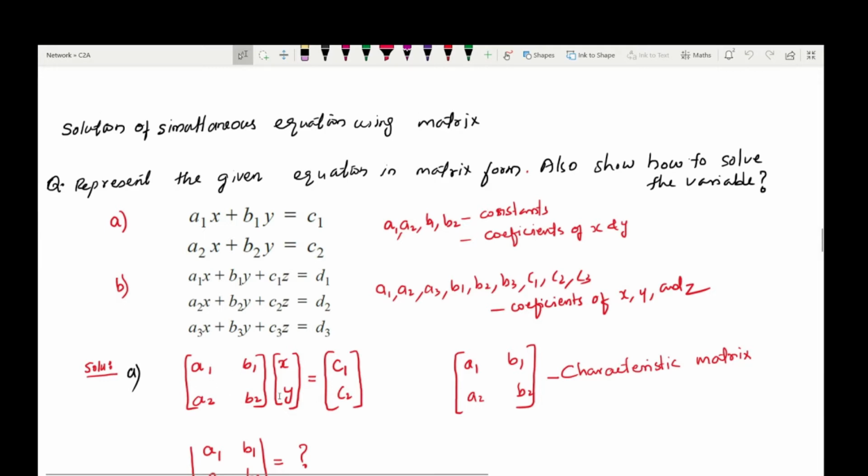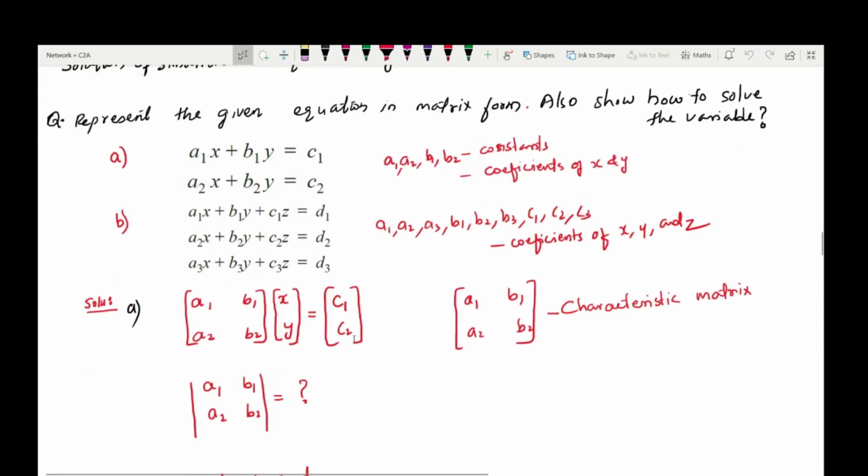A1, B1, A2, B2, this matrix is nothing but the coefficient matrix of these equations. It represents the coefficients of the variables. That matrix is usually referred to as the characteristic matrix. So this is the matrix representation of this equation. Here x is the first variable.